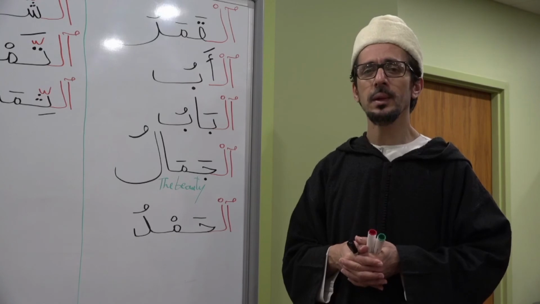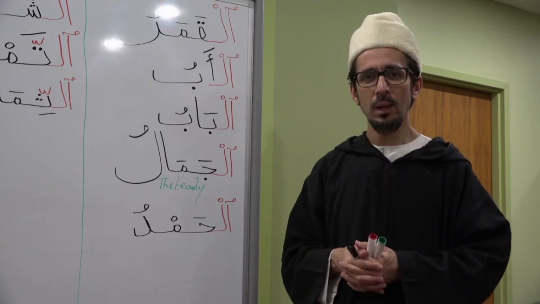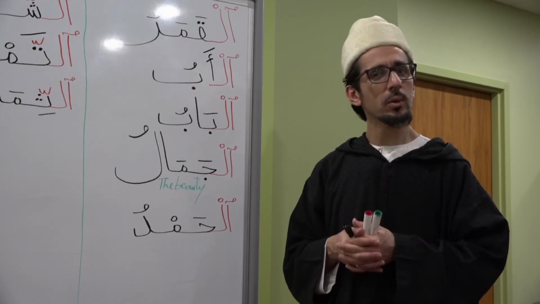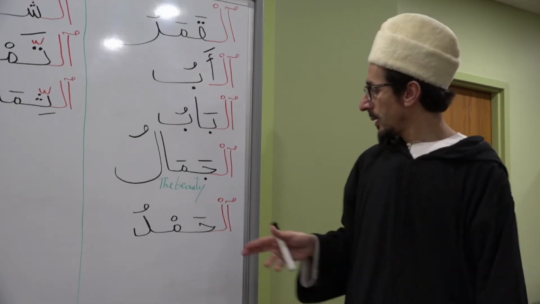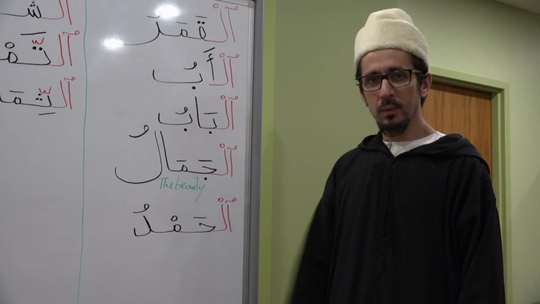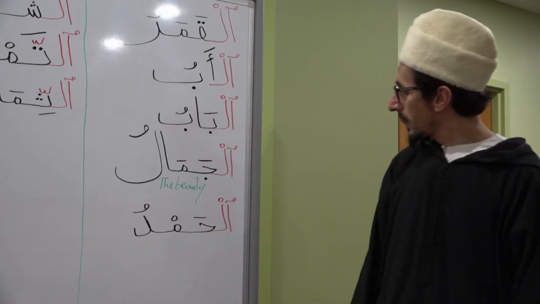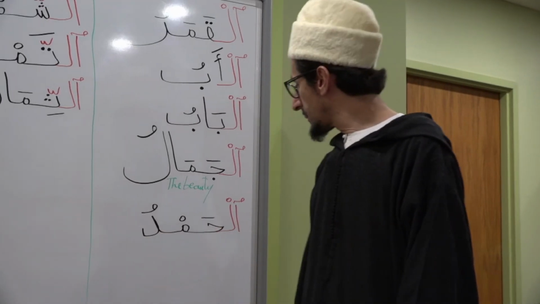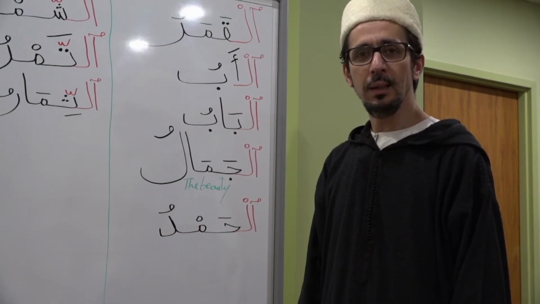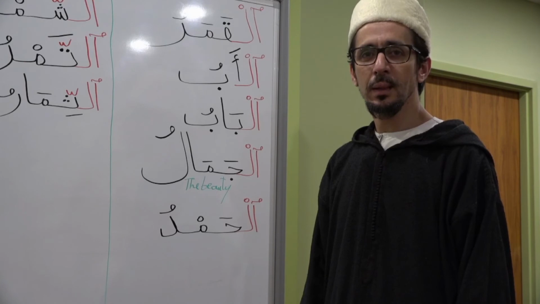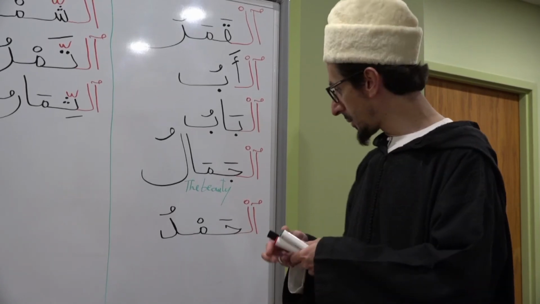Alhamdulillah Rabbil Alameen means the praise belongs to Allah, who praise Allah. Also it means we return to Allah. Alhamdu. Okay. Another noun with ha. Let us take another one.